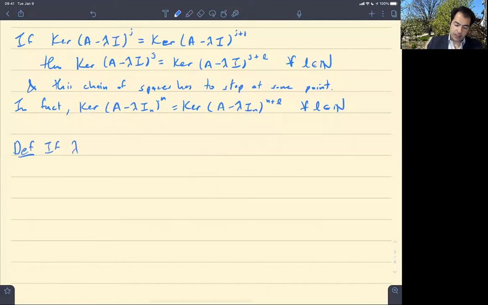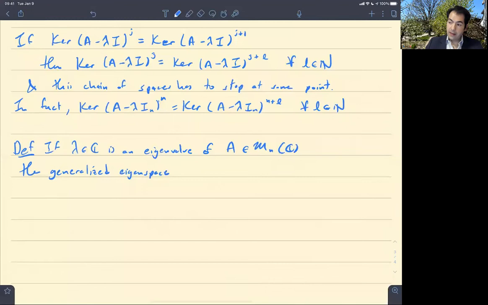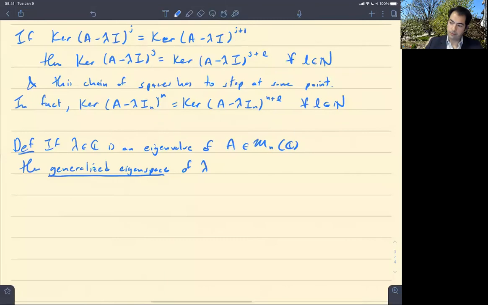Okay, if lambda is an eigenvalue of A, the generalized eigenspace of lambda, which I'll denote G eig lambda of A, is equal to the kernel of A minus lambda times the identity raised to the nth power, right?